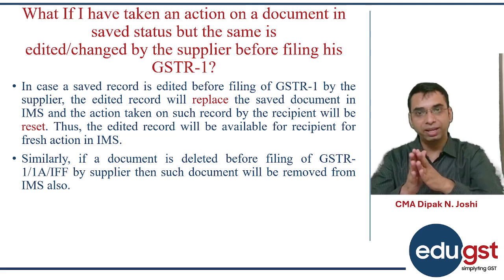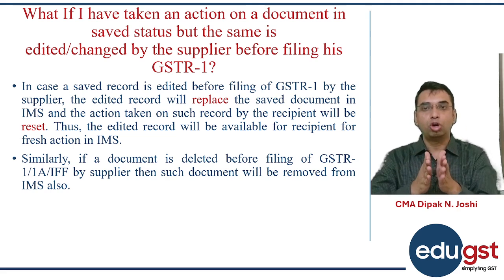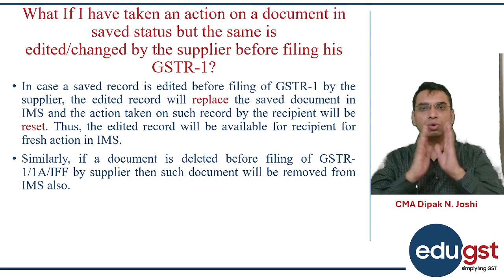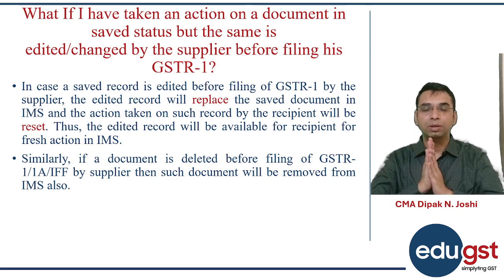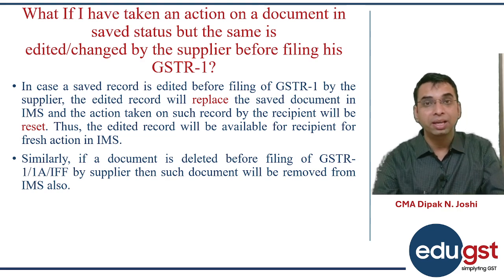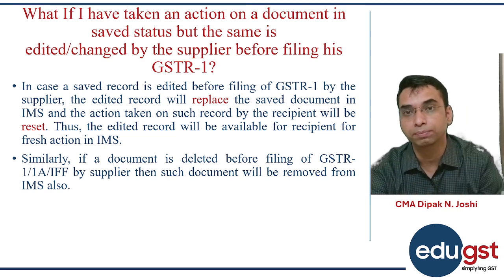What if I have taken an action on a document in saved status, but the same is edited or changed by the supplier before filing his GSTR 1? This is another very important question. Now see, IMS functionality is not like GSTR 2B.